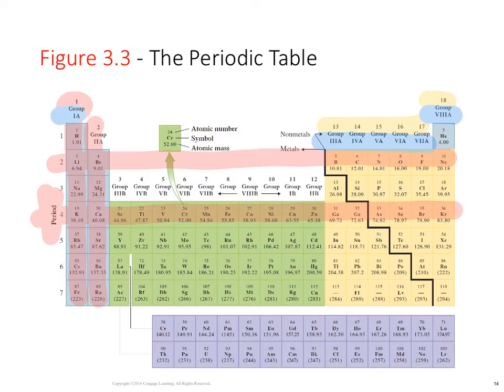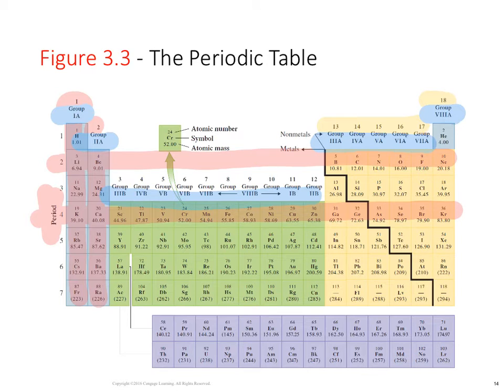So starting with 1A, 2A, then we've got B's down here in the middle, and then we jump back up. We have 3, 4, all the way over to 8A. That Roman numeral numbering system with the A's and B's are the ones that are going to be useful. So that's what we want to use whenever we're talking about group number. And you'll see why that's useful a little bit later.